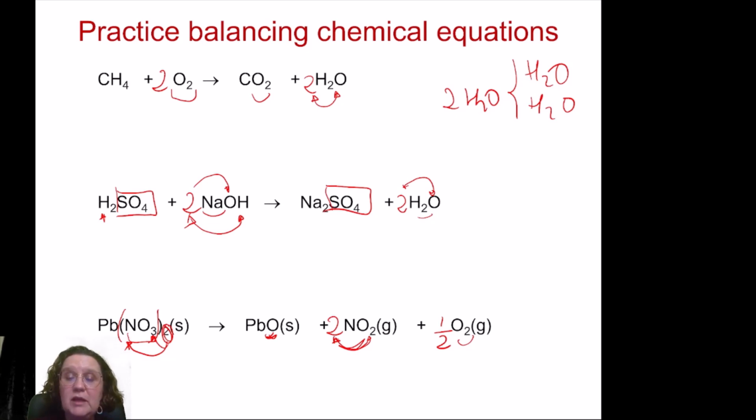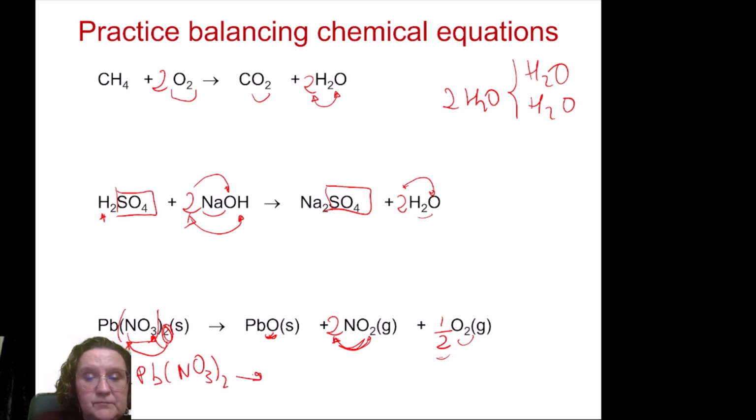So what I do is I multiply the whole equation by 2 to get rid of that fraction. If I multiply the whole equation, both the reagents and the products, by 2, I don't end up with 1 lead nitrate, I've got 2 lead nitrate. I don't have 1 time the compound lead oxide, lead 2 oxide to be precise, I've got 2.